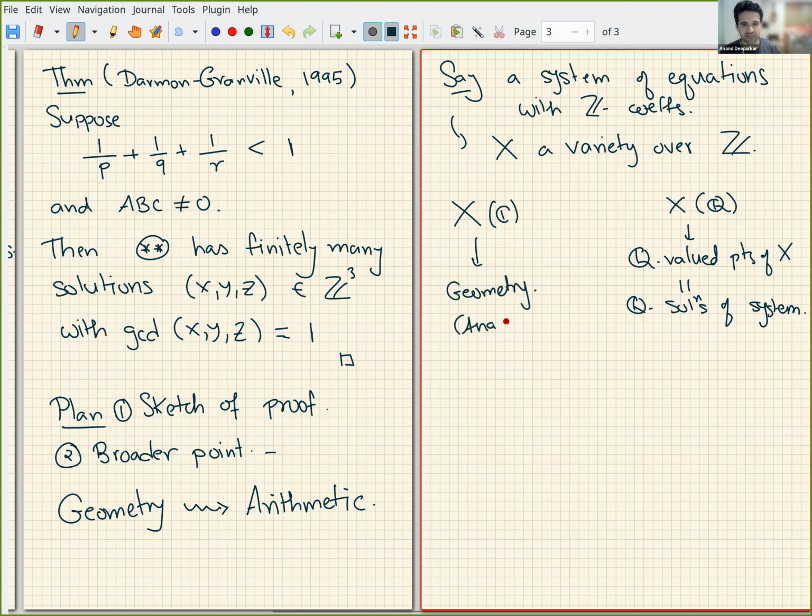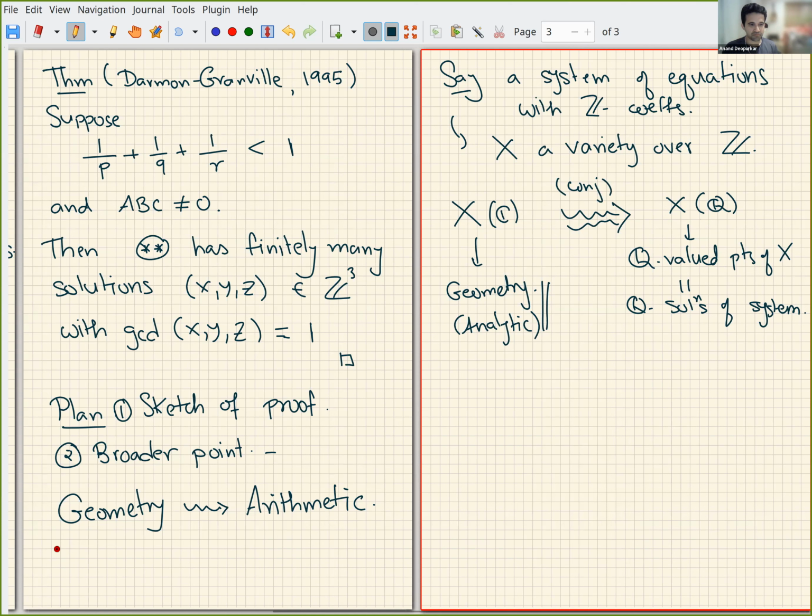This is geometry. This is an analytic object, right? This is a complex analytic manifold. And the amazing thing is that the complex analytic geometry of this has implications, or I mean, at least conjecturally, on the behavior of rational solutions.